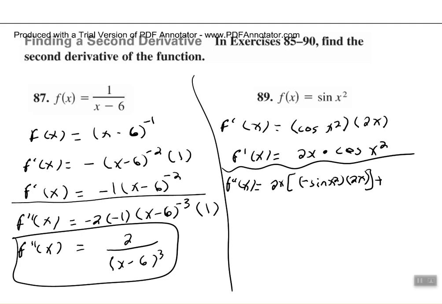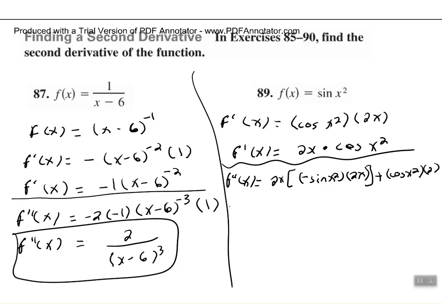Now that's the first part of the product rule. First times the derivative of the second plus the second, cosine of x squared, times the derivative of the first function. So the derivative of 2x is simply 2. I'm running out of room there. Sorry about that. So you have cosine of x squared times 2. Now we need to clean all of this up.